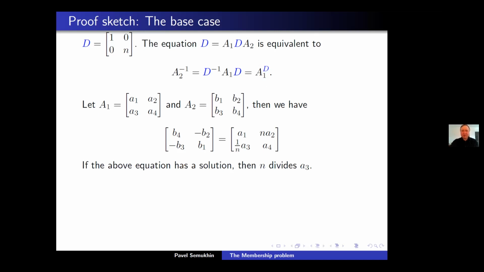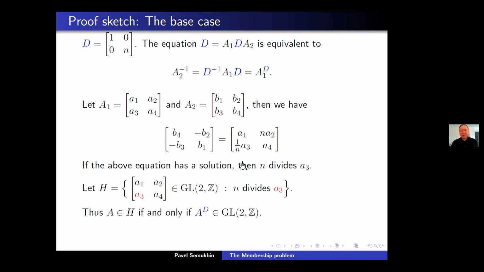And so let us consider a set of matrices, let's call it H, which consists of matrices from GL2(Z) for which n divides this entry a3 here.